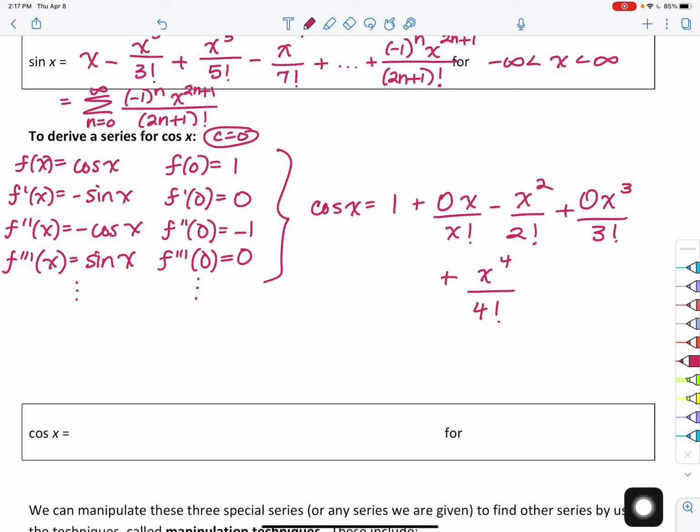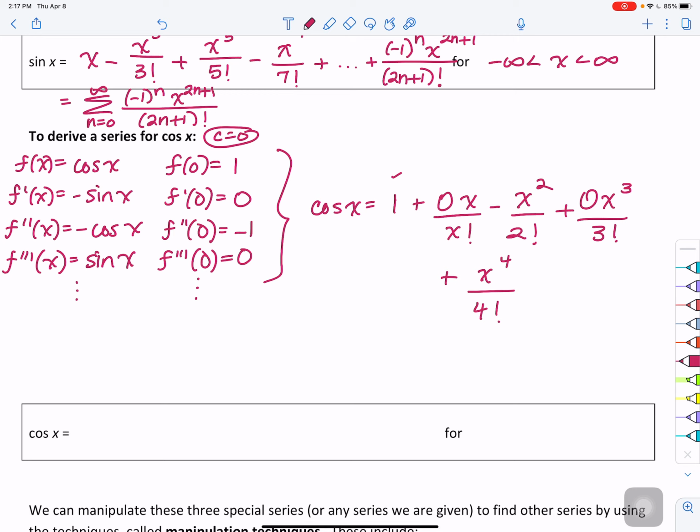And you can see what's going to happen, because this is your n equal to 0, n equal to 1, n equal to 2, n equal to 3. This is where we left off, but we could see a pattern, okay?